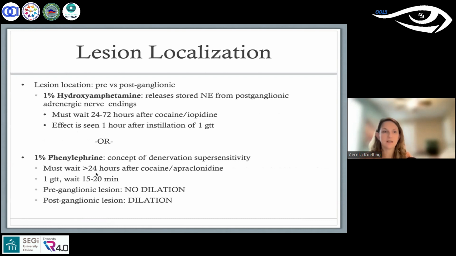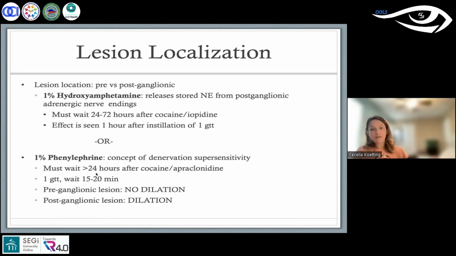We just dilute it, and you have to wait at least 24 hours after having done the cocaine or apraclonidine, and then put that in. Again, you're looking for dilation or no dilation. If there is no dilation, the patient has a preganglionic lesion, which means it's in that first area. Postganglionic means it's after the ganglion, so it could be anywhere in the Pancoast area up through the neck. So more likely something carotid versus brain.